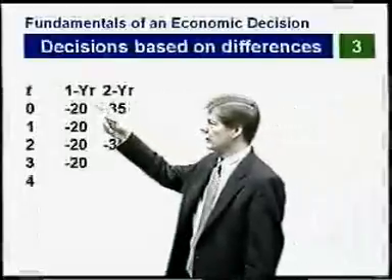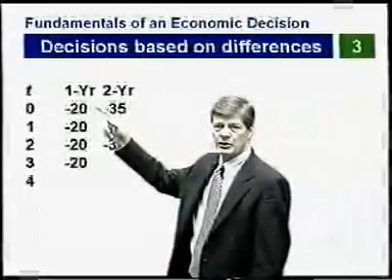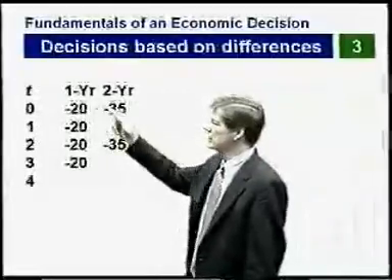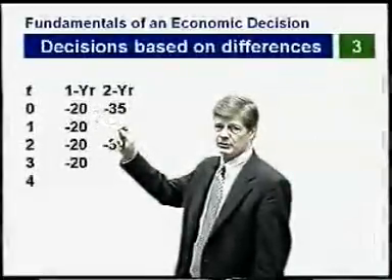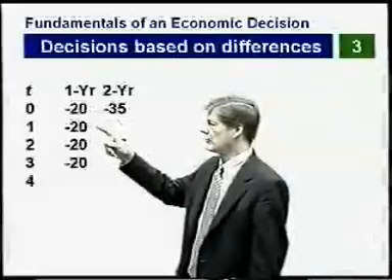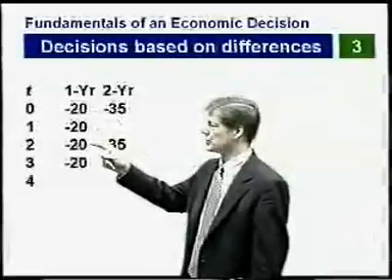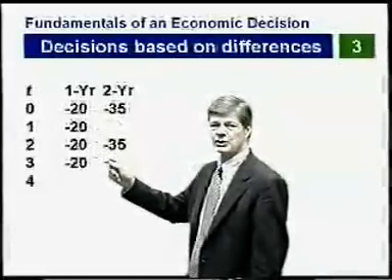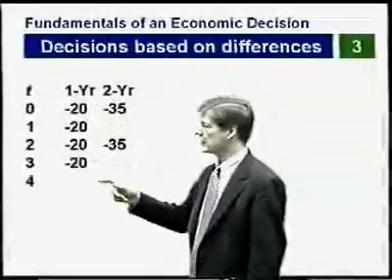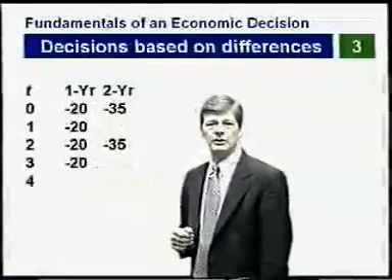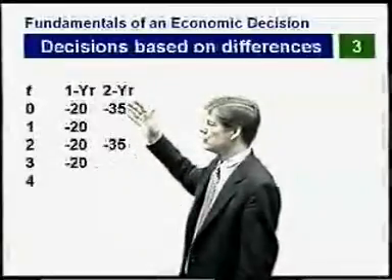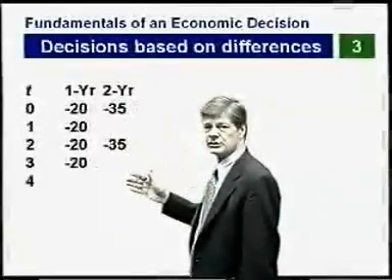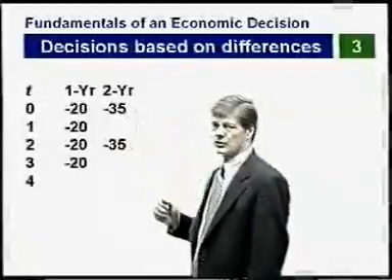We can either invest in the subscription 1 year at a time, in which case it will cost us $20 at time 0 for the first year subscription, $20 at time 1 for the next year, $20 at time 2 for the next year, and $20 at time 3 for the final and fourth year. Or I could subscribe for two two-year periods, each costing $35.